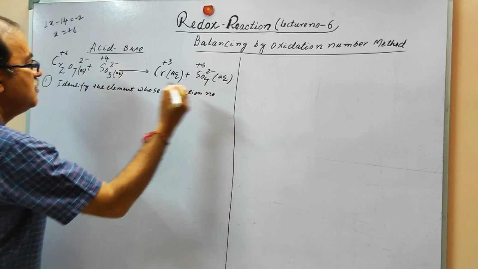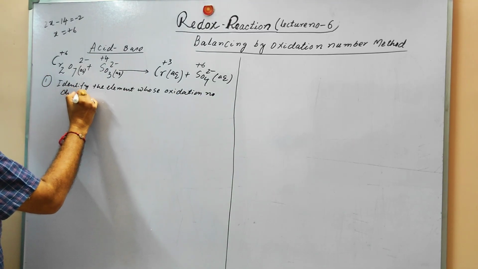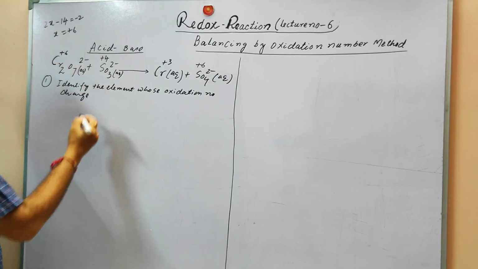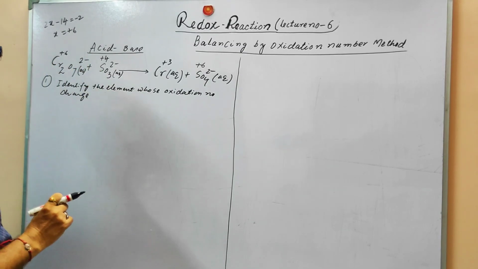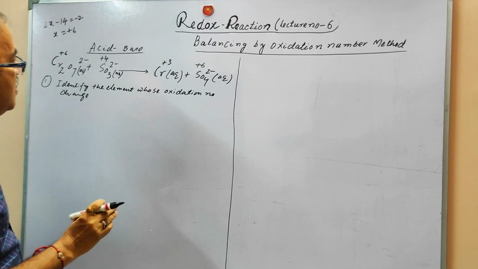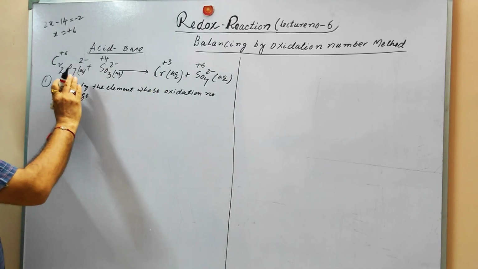Oxidation number has changed, right? So here we find that the chromium and the sulfur in the sulfite ion change their oxidation number.